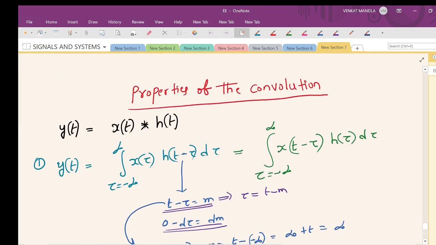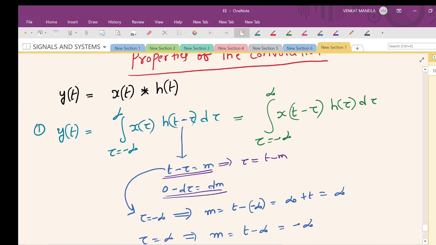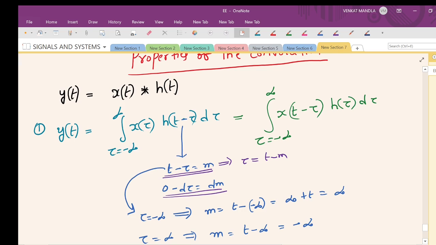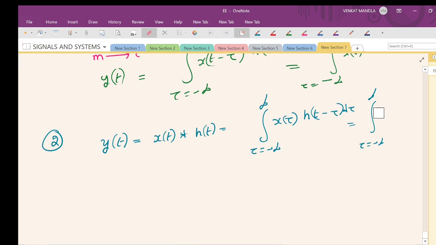Now this is the first property, and the second one. This we already derived. So now I want to find out dy of t by dt with respect to t, which is equal to the integral from tau equals minus infinity to plus infinity of x of tau.